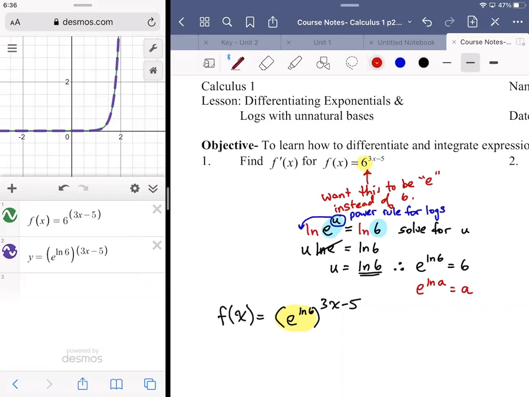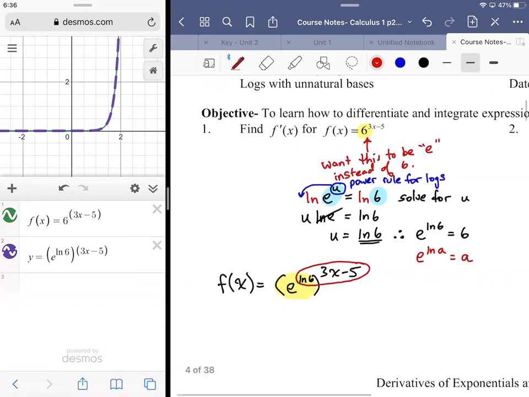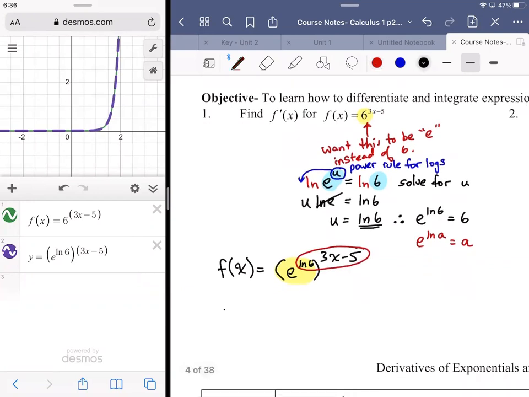So you look at this and say, well, okay, how is this going to help us find the derivative? Well, a power to a power, another property of exponentials, you multiply when you have a power raised to a power. So this is the same as saying f of x is equal to e raised to the ln of 6 multiplied by 3x minus 5. You could distribute that.